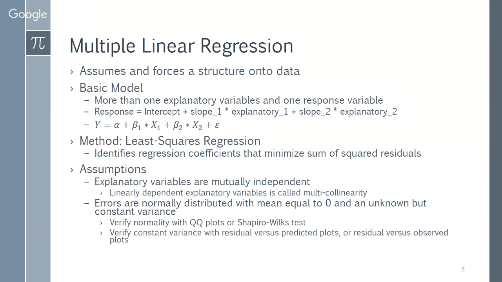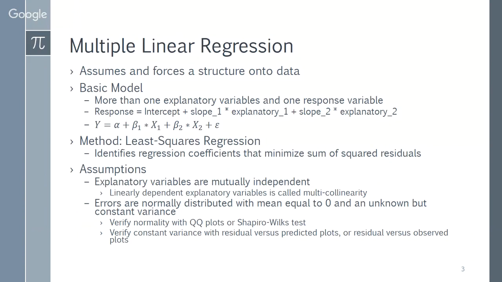I think that the generalized linear regression, which I'll talk about in a little bit, which is very similar to this, is important. So multiple linear regression is a very important concept to learn. But I'm also a big fan of some of the newer age data mining and data algorithmic modeling procedures. But that being said, please do remember that you are assuming and forcing a structure on your data. Now, if you know that your data has this structure, then multiple linear regression is perfect. You absolutely should be doing this.